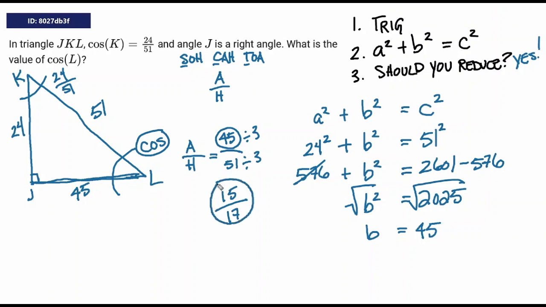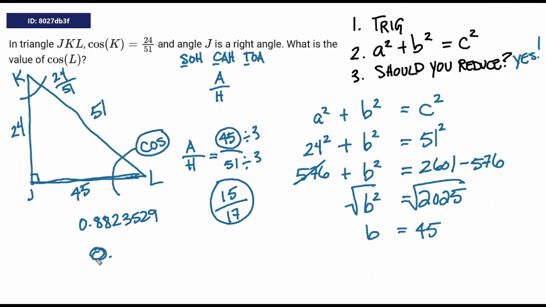That's it. If you don't want to do that, you can just make an ugly decimal. You can divide 45 by 51. And you're going to get this nasty looking decimal that probably goes on forever. And then you say, oh man, what do I do? Don't freak out about it. There's two ways you can put this in.